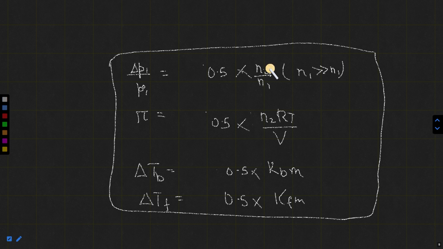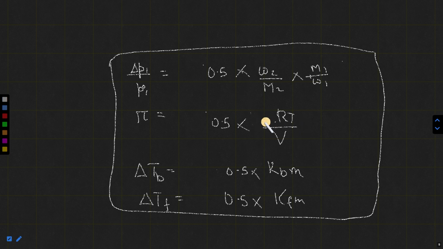And what is this n2? If you simplify it further, it will be W2 by M2 into M1 by W1.